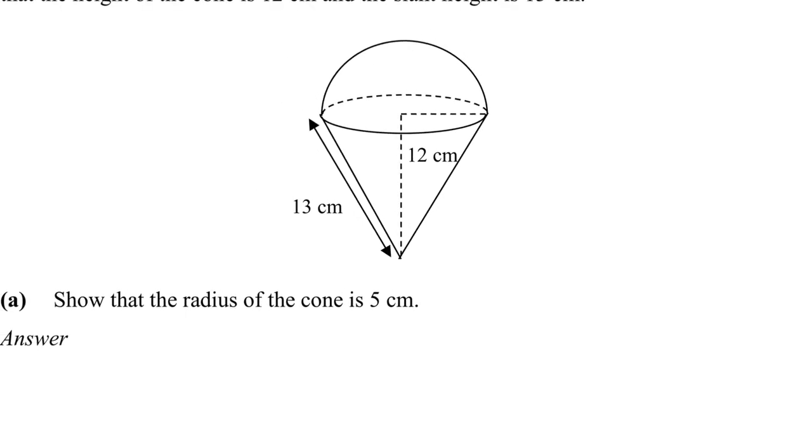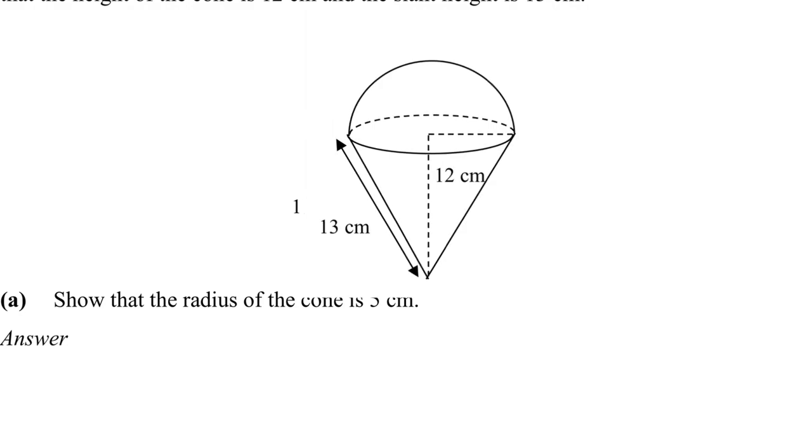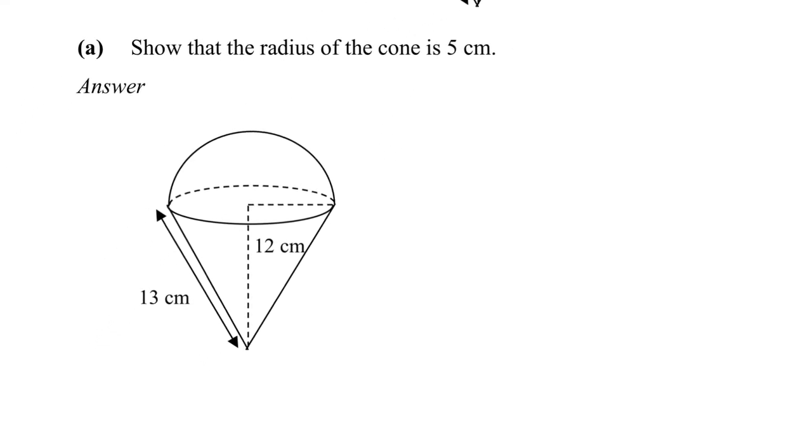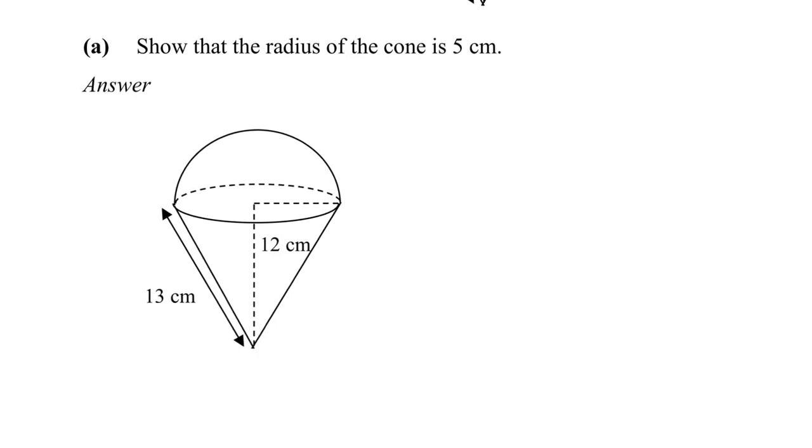Okay, so for part A, I'm going to just cut this diagram out so that it's easier for us. So I hope that you can see that our focus now is therefore in this right angle triangle here.